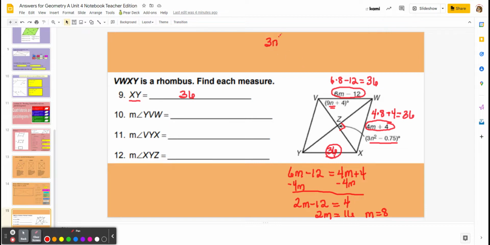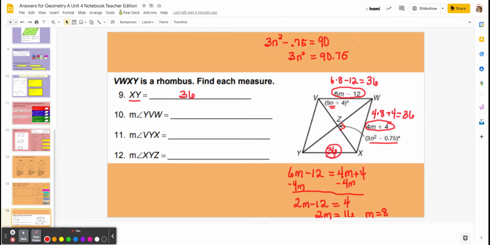So this 3n squared minus 0.75, that has to equal 90. So 3n squared equals, if I add 0.75 to both sides, 90.75.